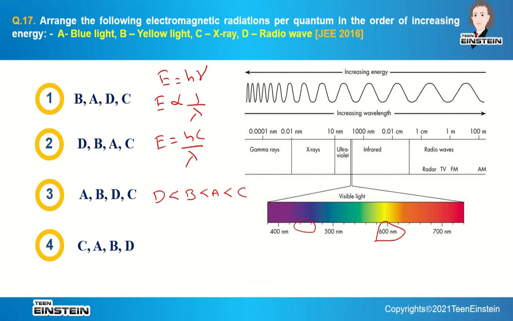So this is the order. The correct option is option 2, DBAC. So radio waves have lesser energy in comparison with the X-rays. X-rays will have larger energy when compared with the other three types of light. The wavelength is less for an X-ray, but the energy will be very high because of the relation E equals hc by lambda.